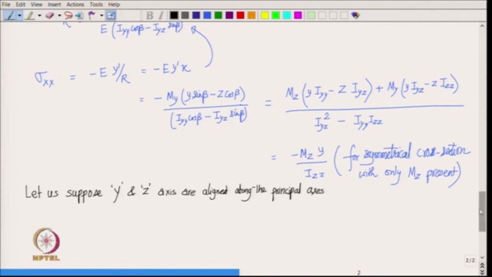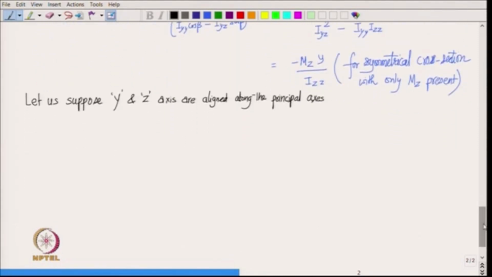So, that means we have this cross section and we first have to find out the principal axis. Suppose that it is like this. So, that is your y axis and z axis. So, we align it along the principal axis and then the moment that is acting in the cross section.